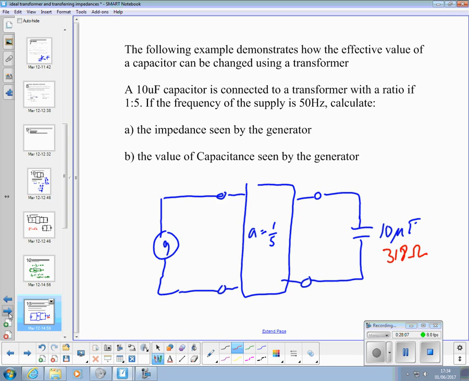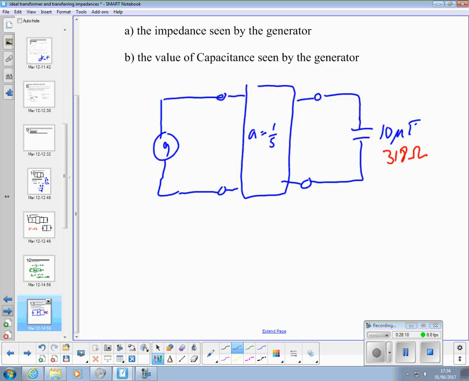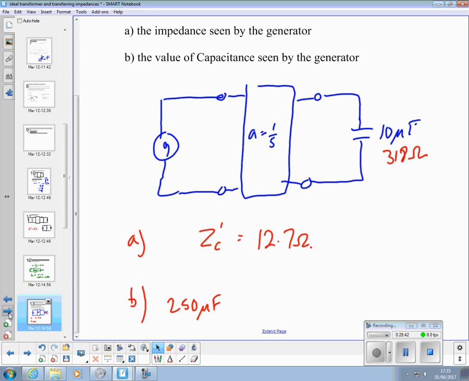Transferring that to the other side, ZC dash comes out to 12.7 ohms. So that's part A, final answer. For part B, you use the 1 over 2 pi FC formula to calculate, and you get 250 microfarads. So using the transformer, you turn a 10 microfarad capacitor into a 250 microfarad capacitor.